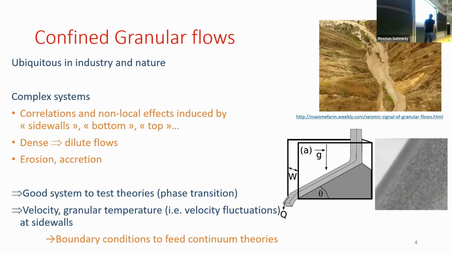It is also interesting because if you look at very simple systems, like this one, just a gravity-driven flow between 2 sidewalls, you see that you have a very dense system here, where it does not move that much. And when you go towards the free surface, you have a very energetic and very diffuse flow. So in a system, you have both a dense part and a diffuse part.